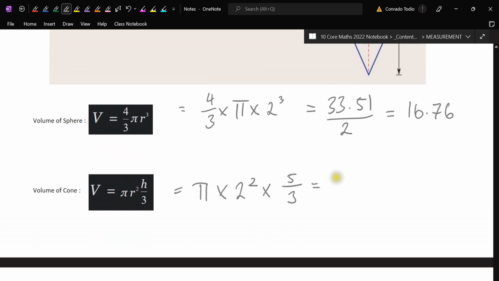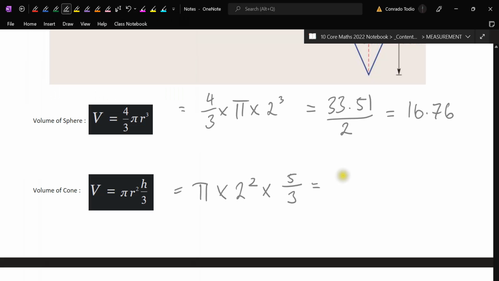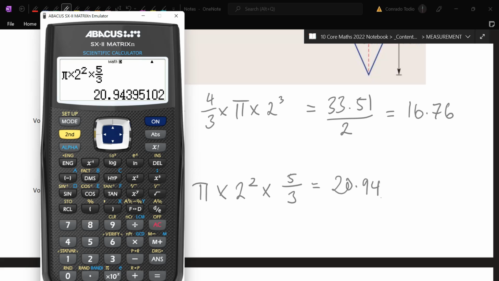So that'll be pi, I'll put it in my calculator already. And I don't need to divide that by anything. Pi times 2 squared times 5 over 3, which is 20.94. Add them together. So plus 16.76.